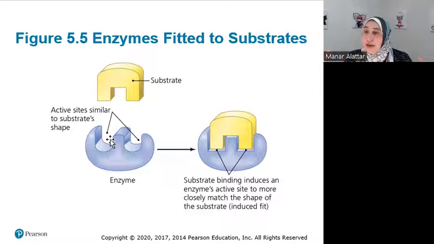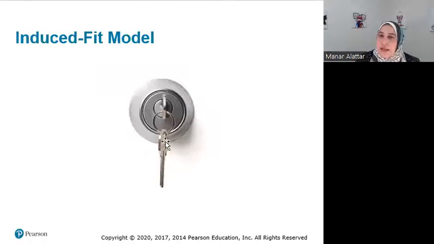And that induced fit means that when the substrate comes into the enzyme, it will actually change shape to hold on to that substrate and interact with it and either build it up or break it down or energize it or whatever it is. And so I don't love the lock and key model of induced fit.